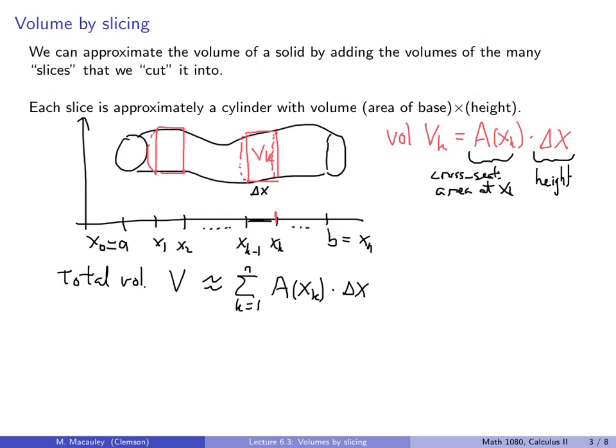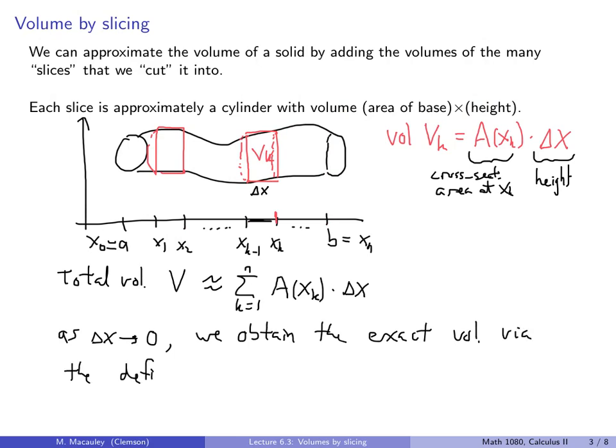So what this means is as delta x goes to 0, we obtain the exact volume via the definite integral.